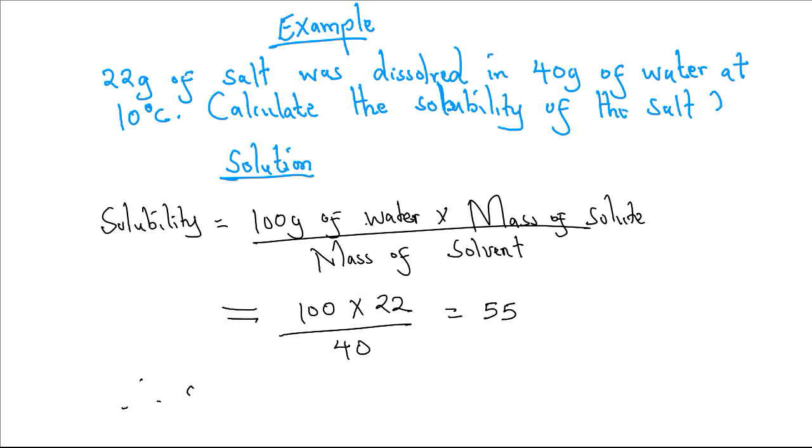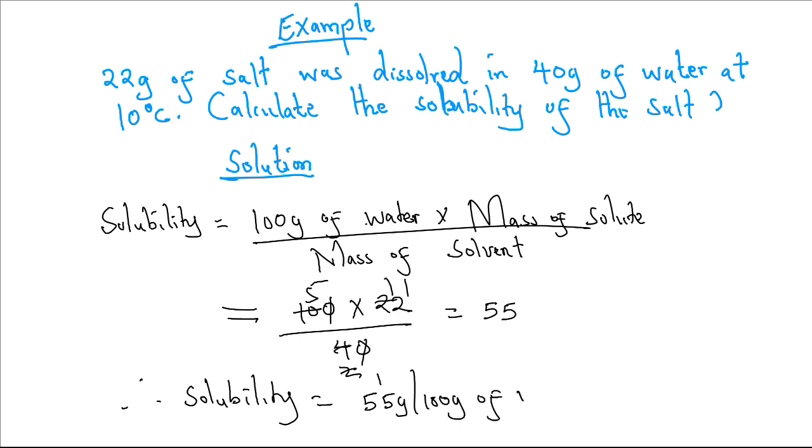Simply that and that, 2, 5, 1, 11. That is how we are getting our 55. Solubility is equal to 55 grams per 100 grams of water at 10 degrees Celsius. So that is all about the solubility calculations.